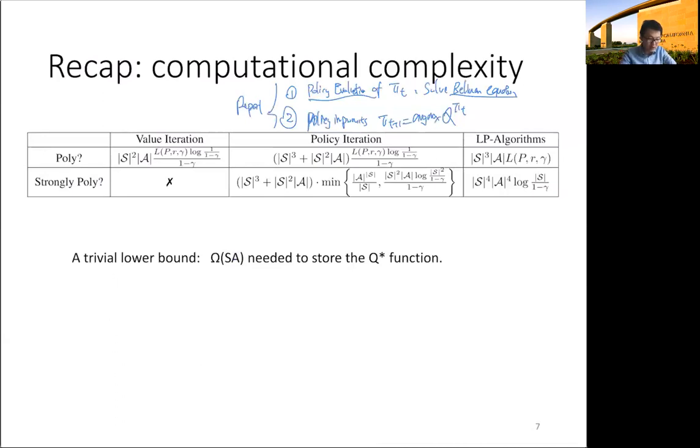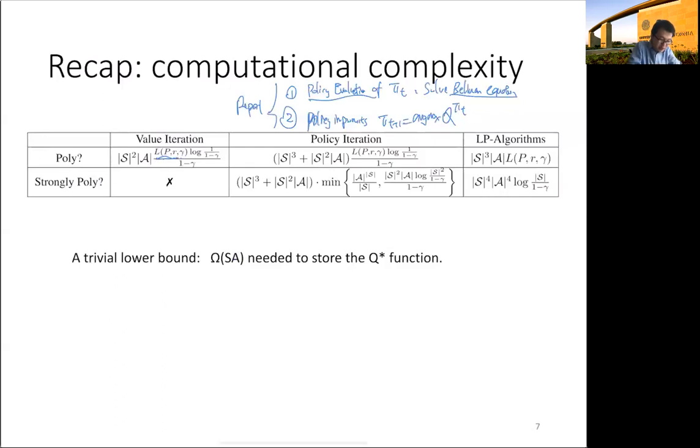So there are distinct properties of value iteration and policy iteration, and also the more generic linear programming algorithms, such as the interior point method, that you can use to solve the MDP by finding the policy. We can see that all of them depend polynomially on the size of the state space and the size of the action space. Okay, so there are some more subtle discussions about whether these algorithms are polynomial time, which depends on the smallest machine precision.